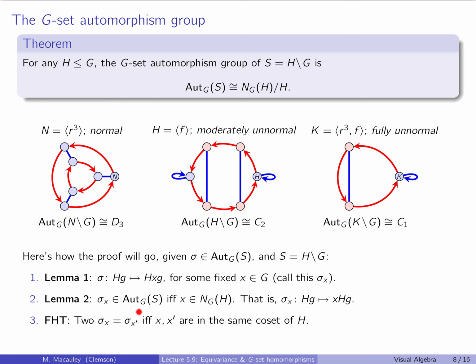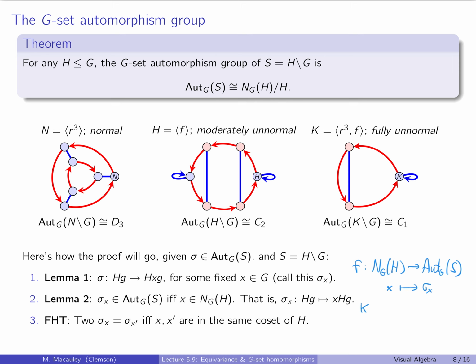So up through lemma 2, what we've done is we've shown that every element in the normalizer of H gives rise to a G-set automorphism. In other words, we have a map F from the normalizer of H to the G-set automorphism group of S, and it takes an element x and sends it to sigma x.